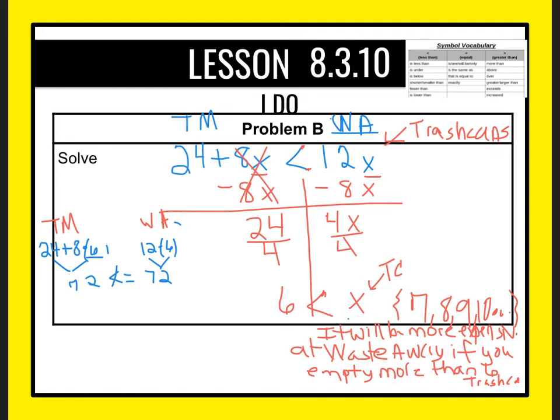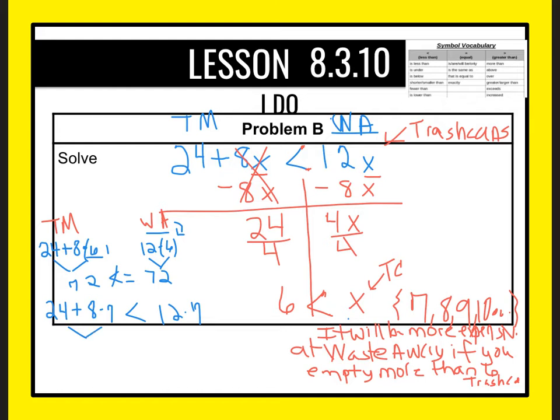I want to know after how many trash cans Waste Away is going to be more expensive. So let's test our solution of 7 trash cans because it said more than. This is another way that you can eliminate, and make sure that your solutions that you're representing are true. So let's try 7 and 12 times 7 on this side for Waste Away.